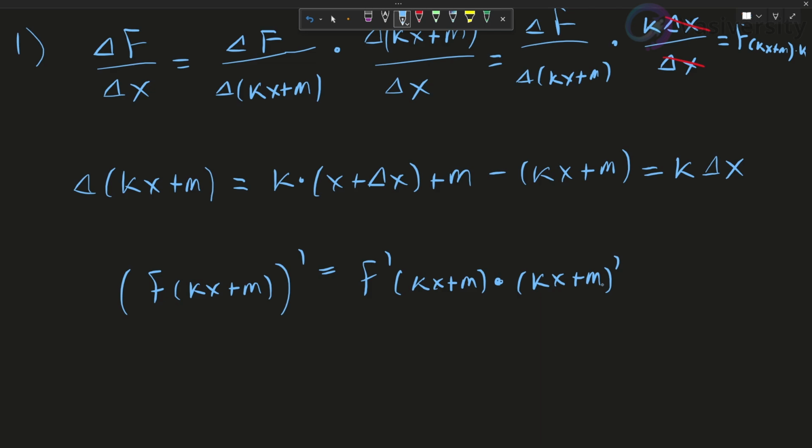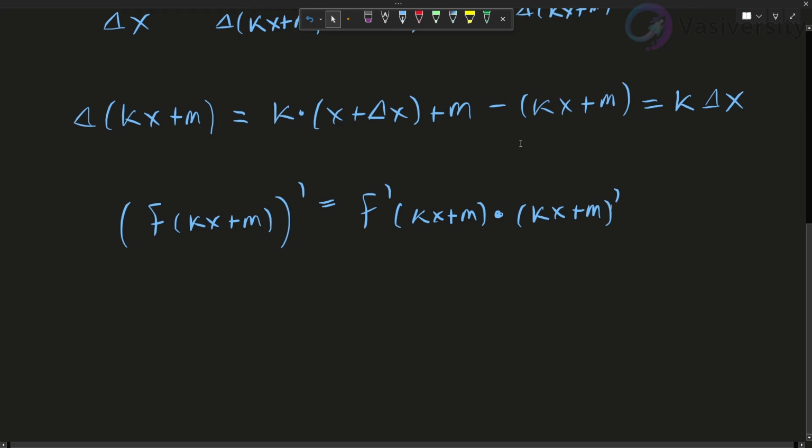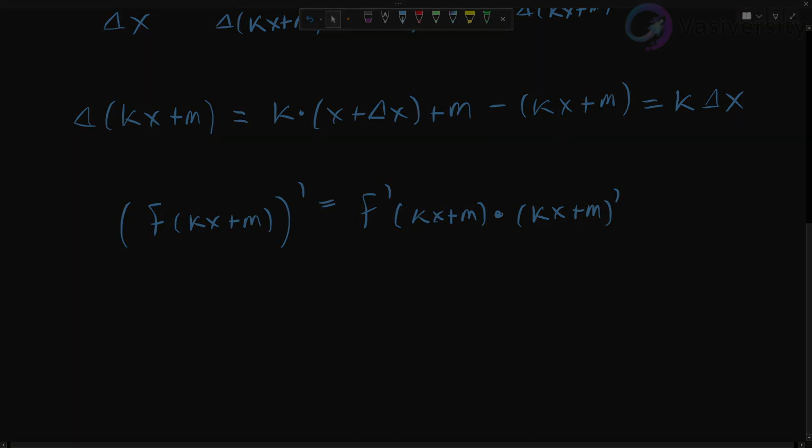As you can probably guess, the general chain rule will be like this, but instead of the linear function that we were able to easily prove here, it's going to be a general function g. So let's give a definition of the chain rule.